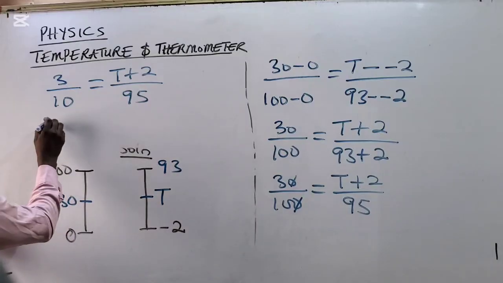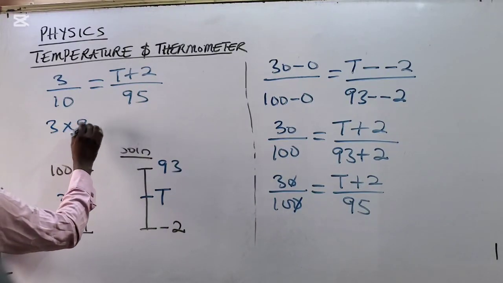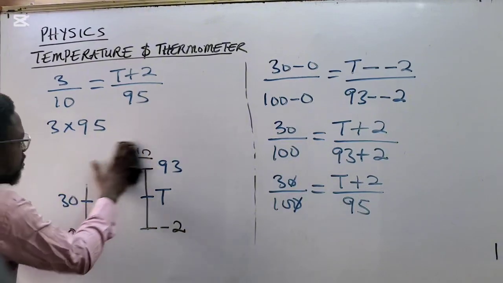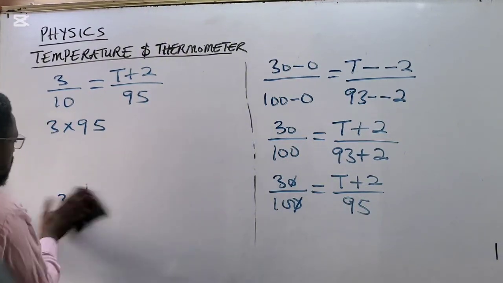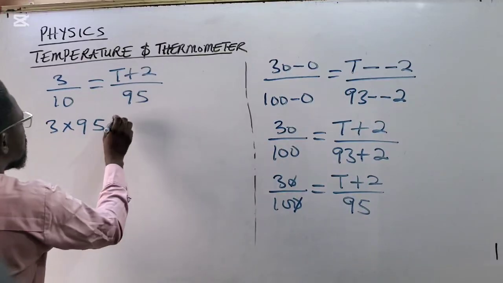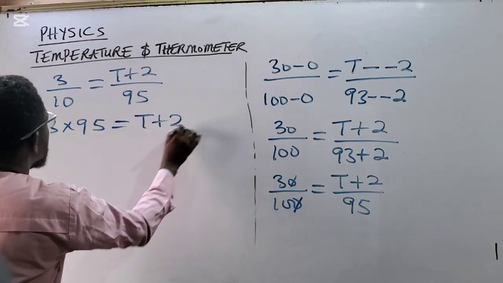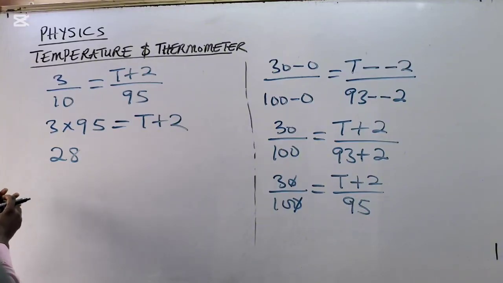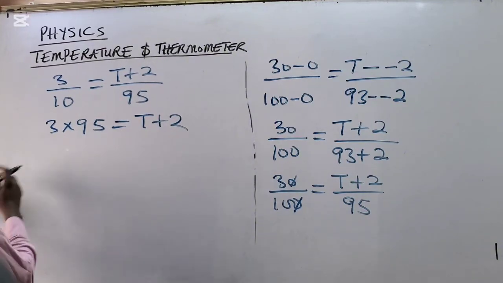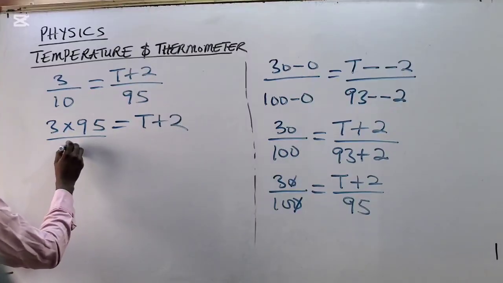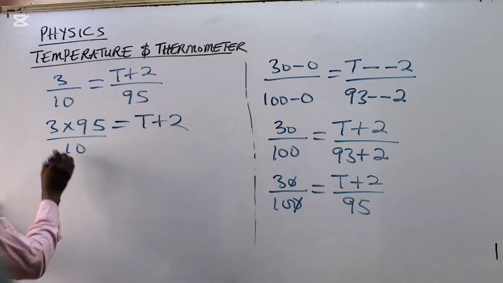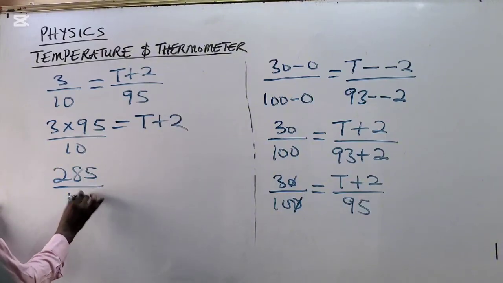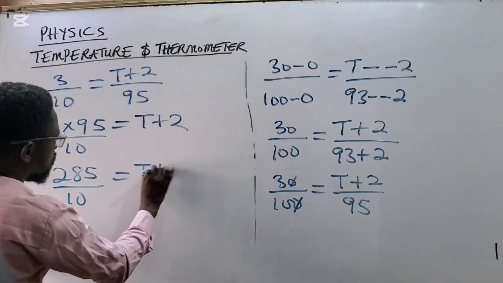So now cross multiply, we get 3 times 95 over 10, which gives 285 over 10, equal to t plus 2.